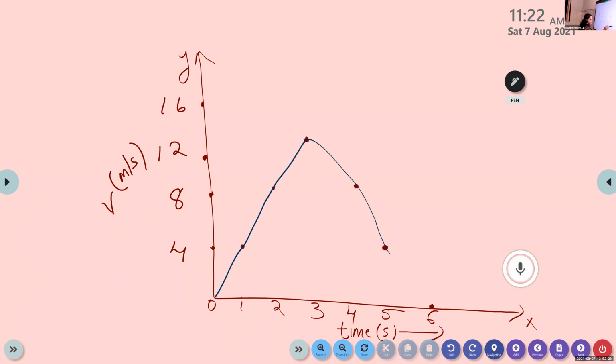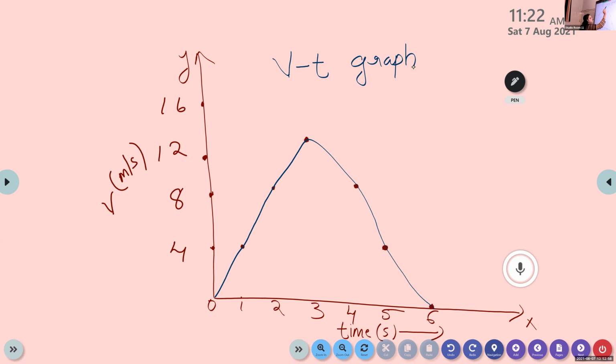So here we get a graph like this, right? It is in the form of a triangle. So here, from the acceleration time graph, we draw the velocity time graph by determining the velocity corresponding to each second.